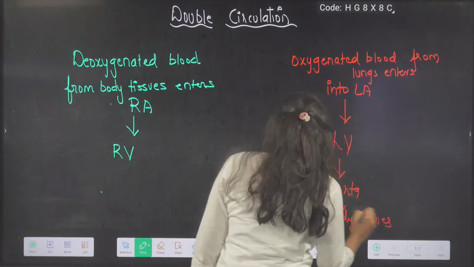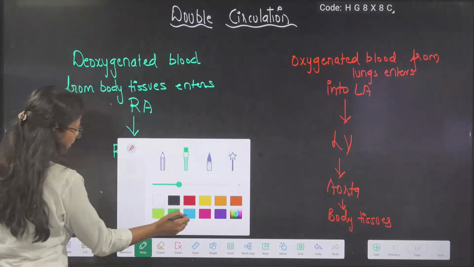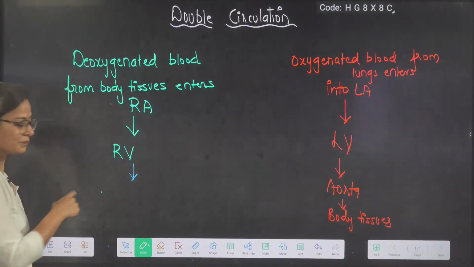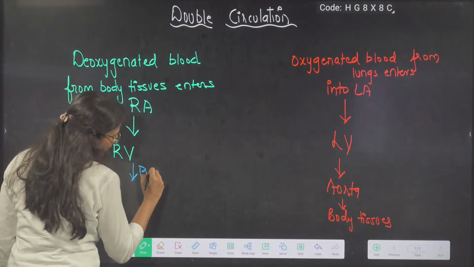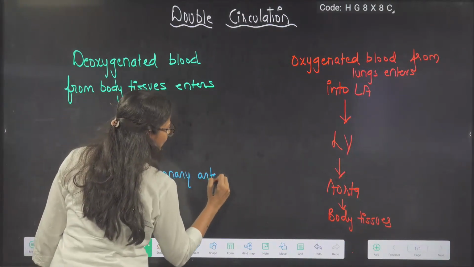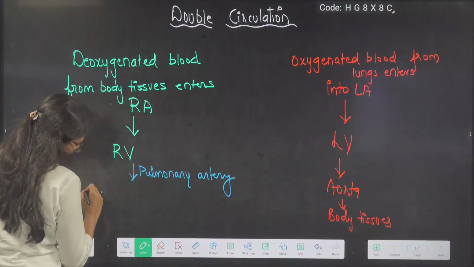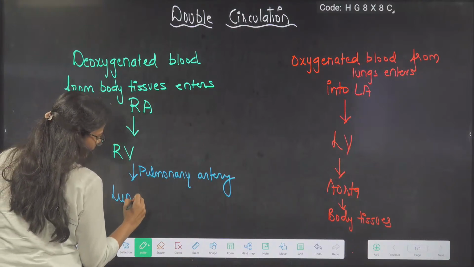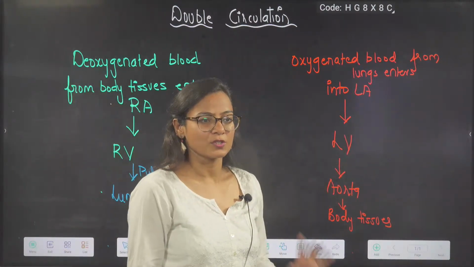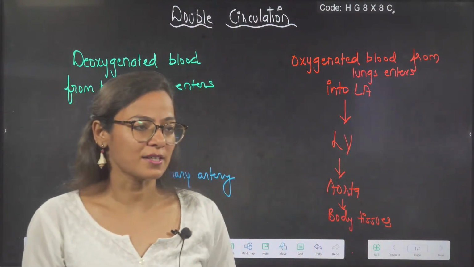And let's complete this flowchart also. From right ventricle, where it will go? Through that pulmonary artery, it will go into the lungs, for oxygenation. And then this continues. So this shows double circulation.